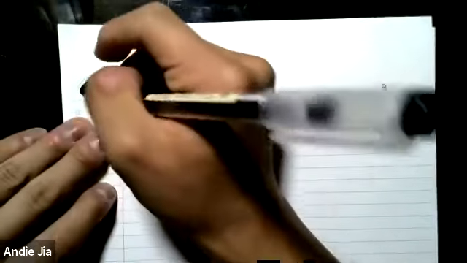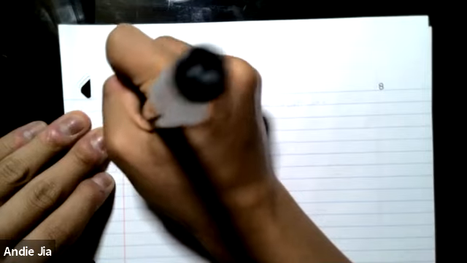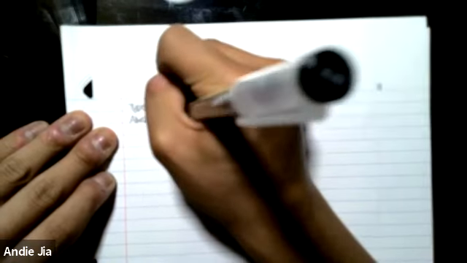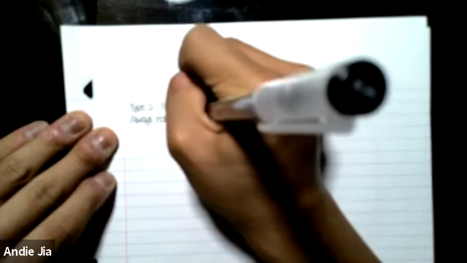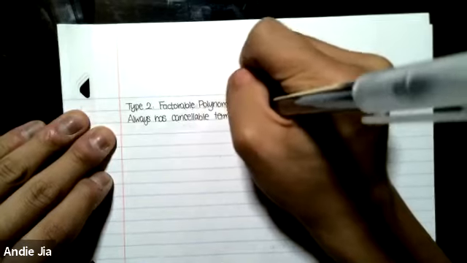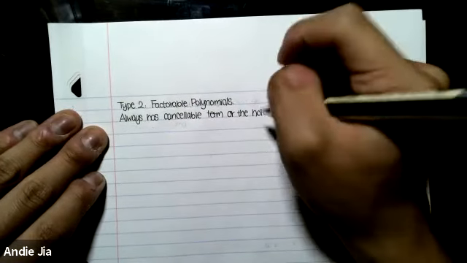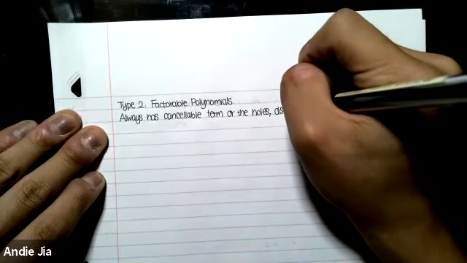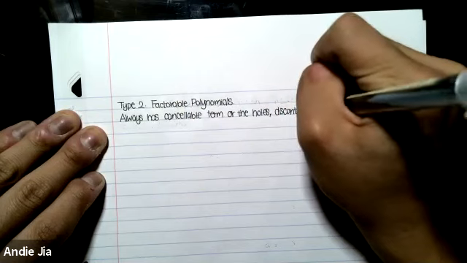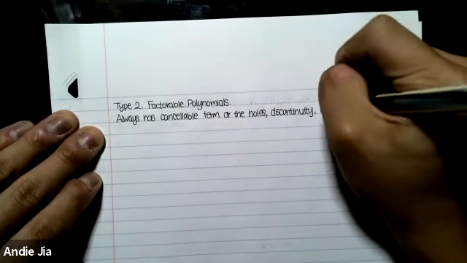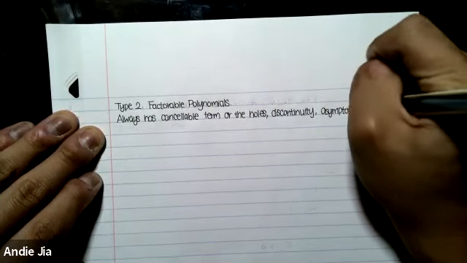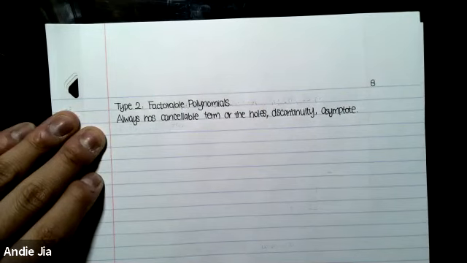With this type of problem, usually I find the whole term can be canceled, a cancelable term, or the hole, discontinuity, or asymptote. The polynomial can be factored.